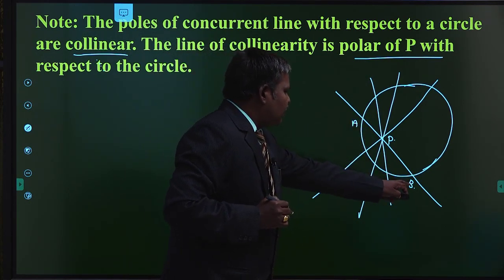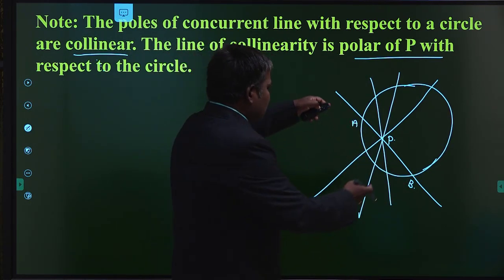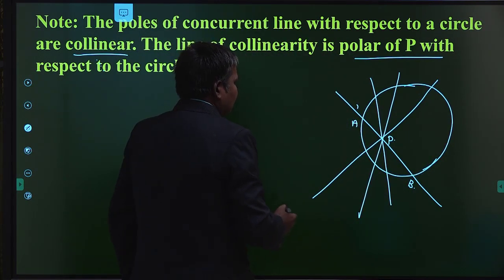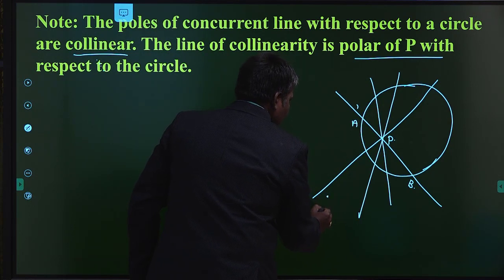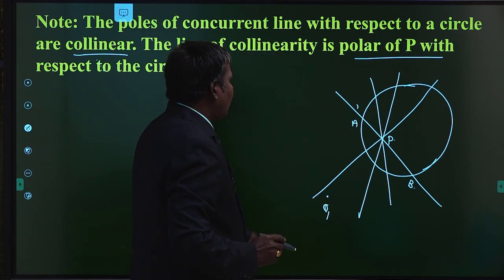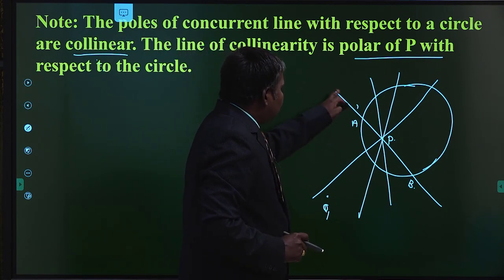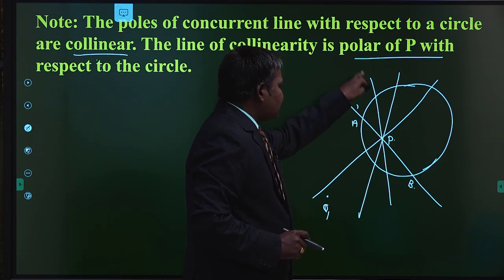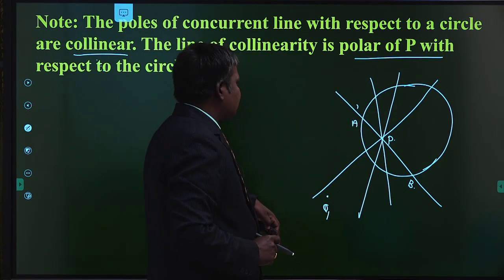Now AB is here. Its pole is the point of intersection of the tangents at A and B. Suppose this point is Q1. This is the point P, the point of intersection of the set of all concurrent lines.